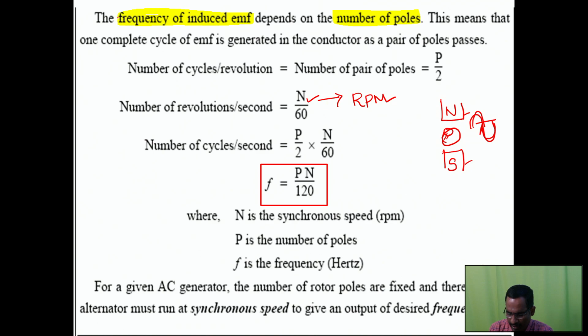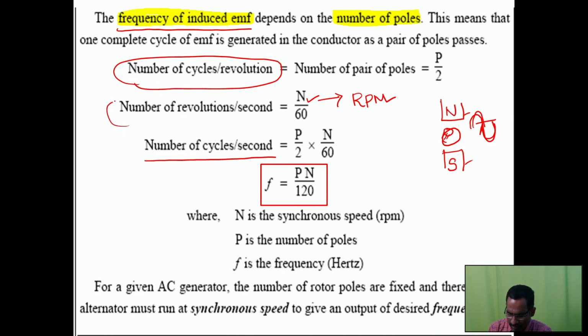Frequency is nothing but the number of cycles per second. So the number of cycles per revolution is multiplied with the number of revolutions per second. If you multiply these two, the revolutions get cancelled, and we will be getting the number of cycles per second.